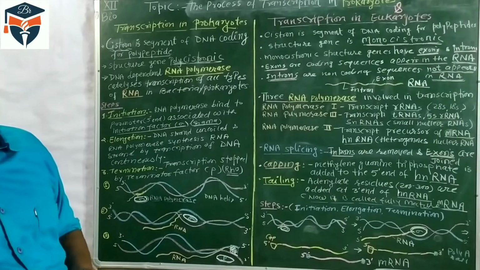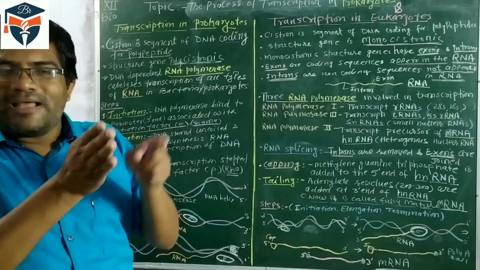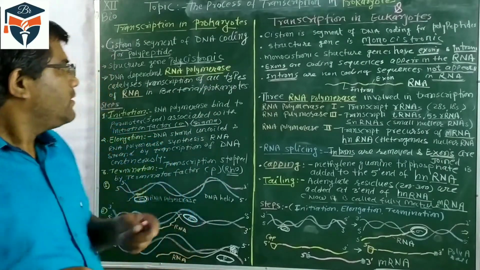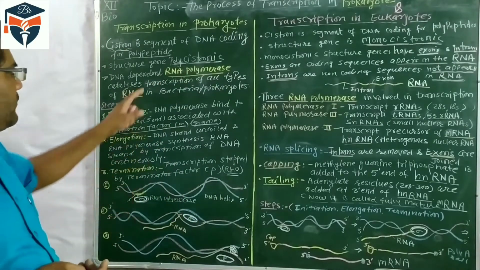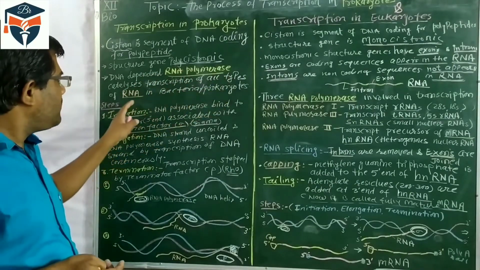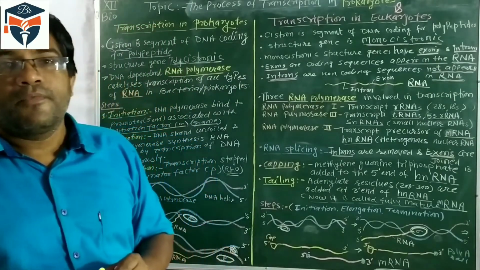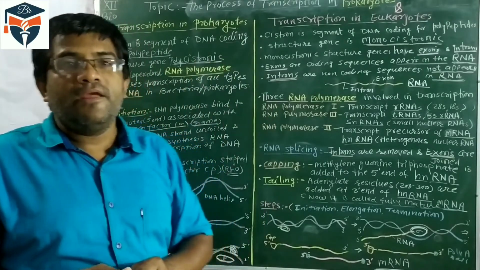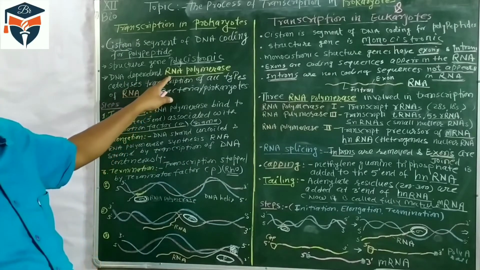With this enzyme, the DNA molecule is transcribed to form the RNA. So for the formation of the RNA, the RNA polymerase enzyme is required. RNA are of different types. It may be mRNA, rRNA, tRNA. All these types of RNA are synthesized only by RNA polymerase enzyme.